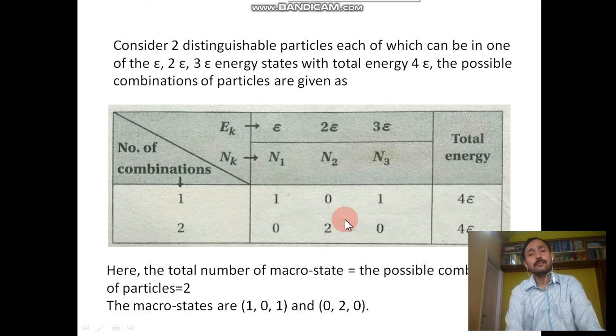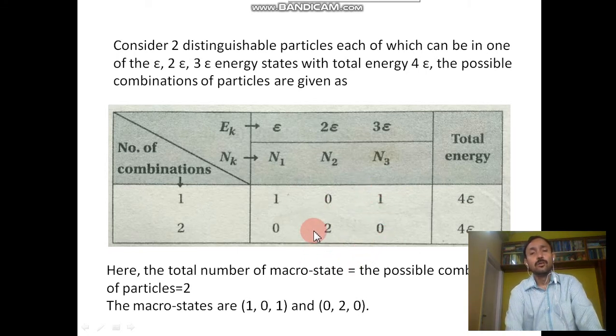Another combination is that both particles are at the 2 epsa energy state, and there is no particle at the epsa and 3 epsa states. 2 epsa into 2 means 4 epsa, so the total energy becomes 4 epsa. So here we find two possible macrostates: one is 101, another is 020.